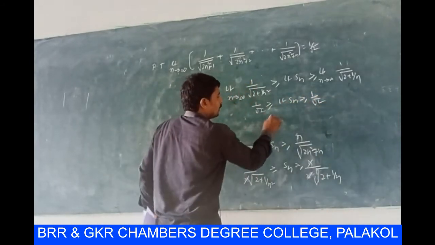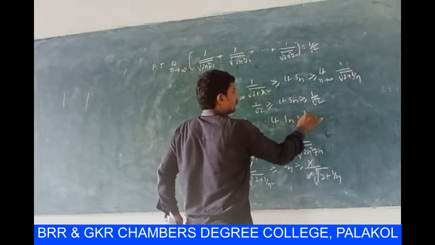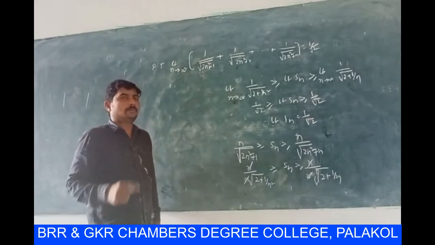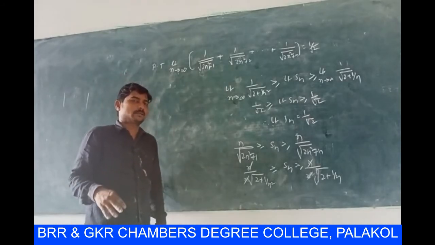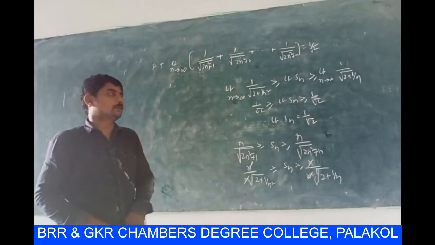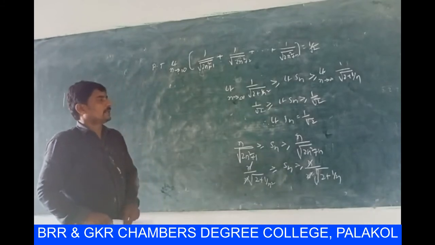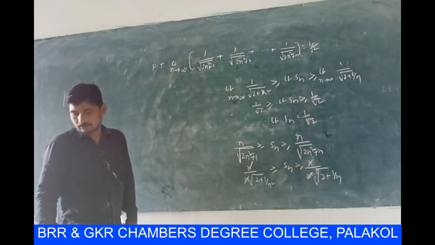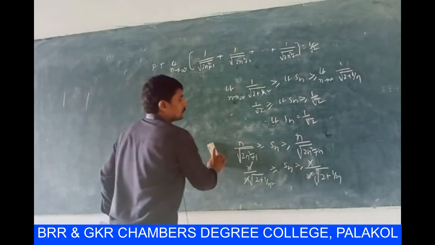So therefore, limit Sn is equal to 1 by root 2. Because any value squeezed between the same value equals that value. For example, 1 is greater than or equal to Sn is greater than or equal to 1 means Sn is equal to 1. Similarly, limit Sn between 1 by root 2 and 1 by root 2 is nothing but limit Sn is equal to 1 by root 2.